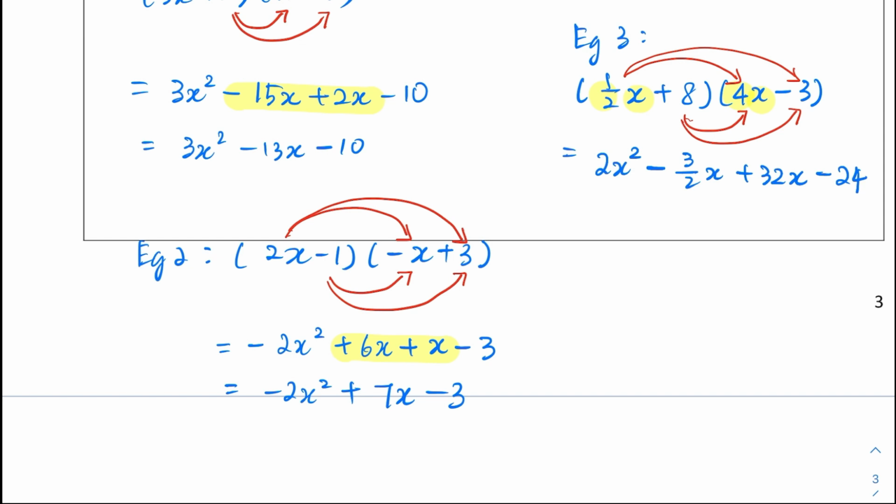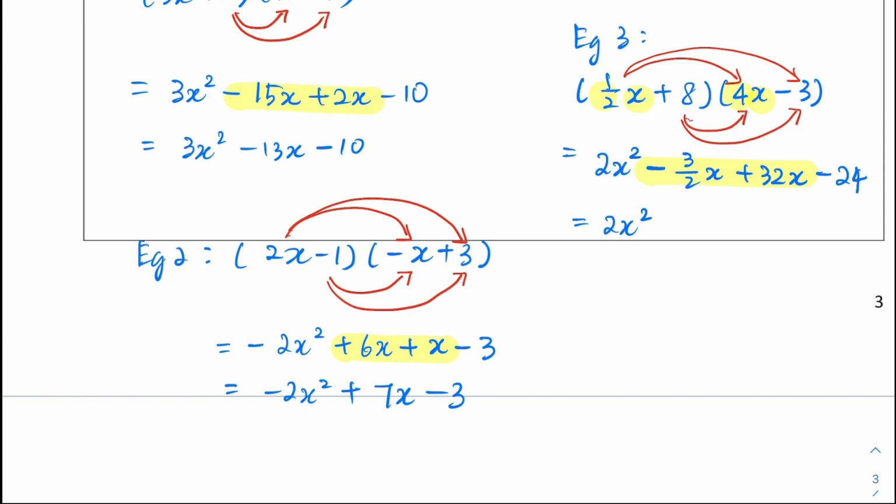Alright, so are there any like terms that we can collect together? Certainly. Can you see? We have -3 over 2x plus 32x. Right, these are like terms. Alright, so let's simplify by collecting the like terms together. 2x squared, there are no further like terms, so it's just 2x squared. -3 over 2x is like -1.5x plus 32x.